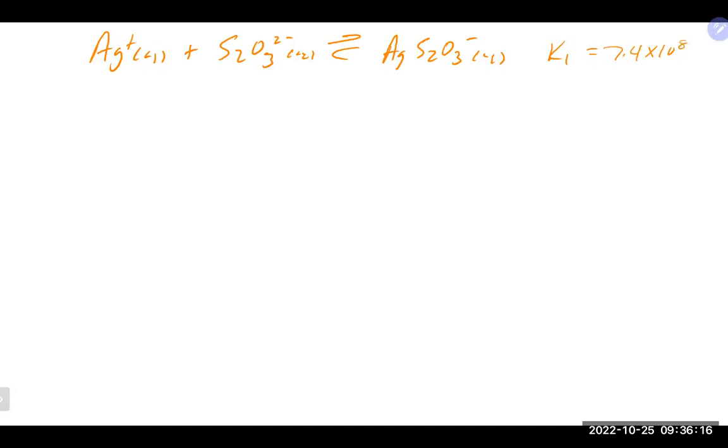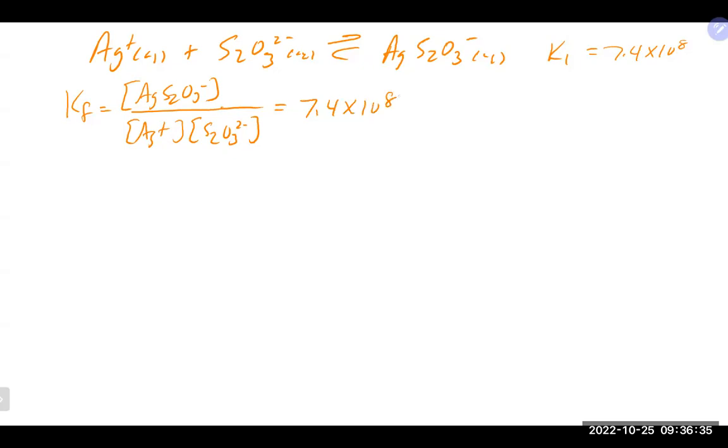So using this guy in our KF, this would be our products divided by our reactants. And again, this would equal K1, which is 7.4 times 10 to the 8.